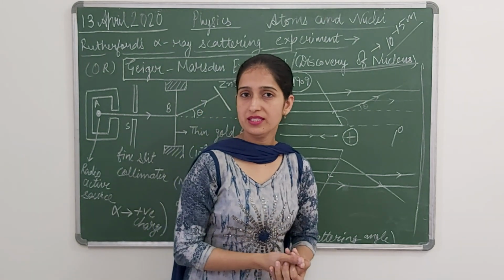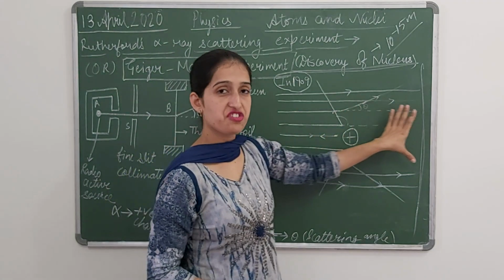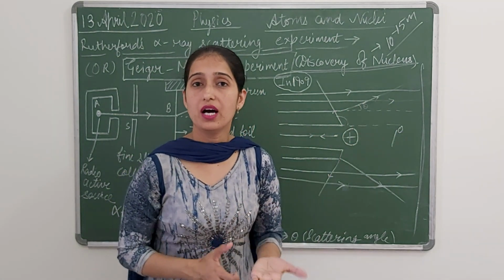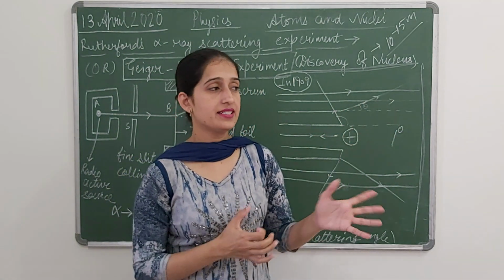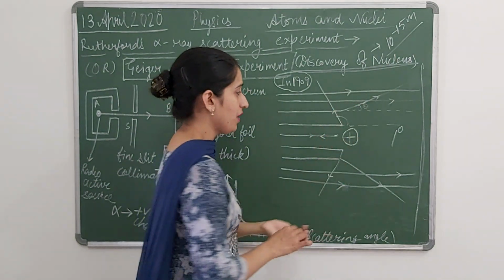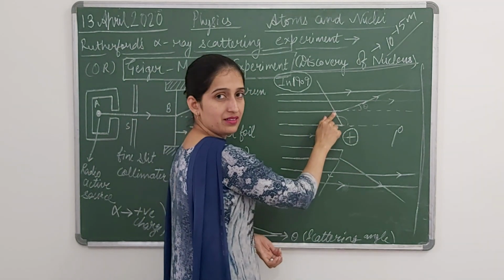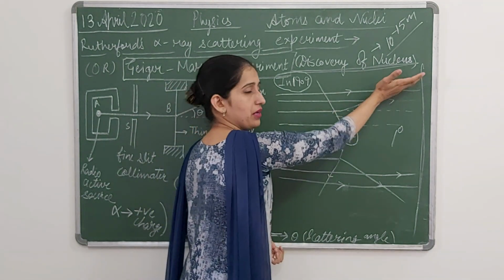Are you getting my points? I am repeating. Almost all alpha particles are going straight. That means most of the part of the atom inside is hollow. Few are deviating through small angles. If a positive charge is present here and a positive ray is coming, it gets a little repulsion.